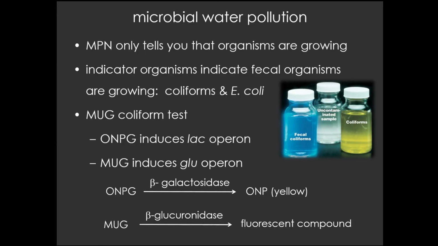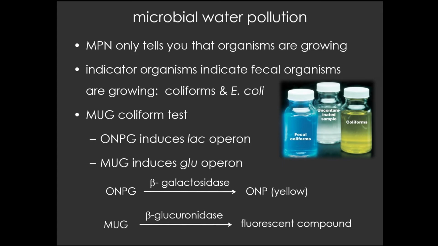So among the things that we talked about in our microbial growth lecture, the other drawback to the most probable number test is that it only tells you that organisms are growing. And what you need to know in terms of microbial water pollution is, is there fecal organism growth there? And the way that we determine that is by looking for the presence of what are called indicator organisms.